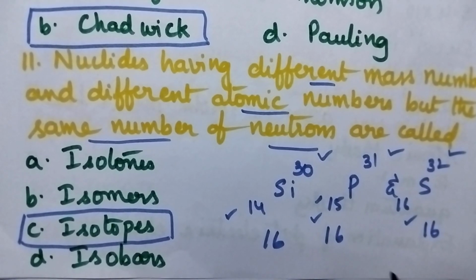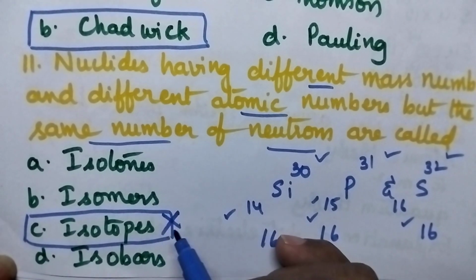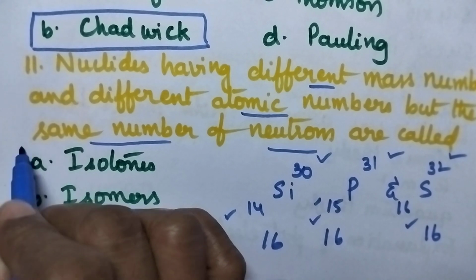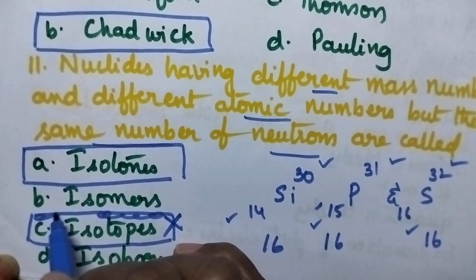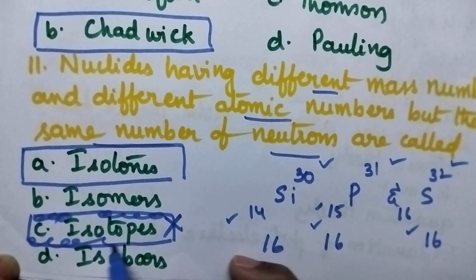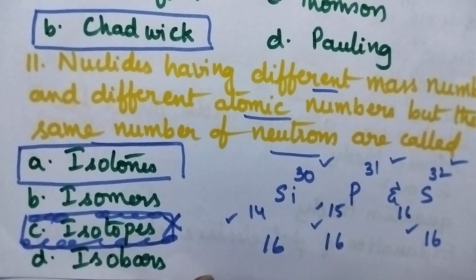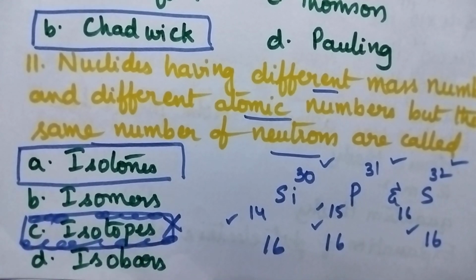So they can be called isotones. Option A is the right answer. So here the right option is isotones, that is option A.